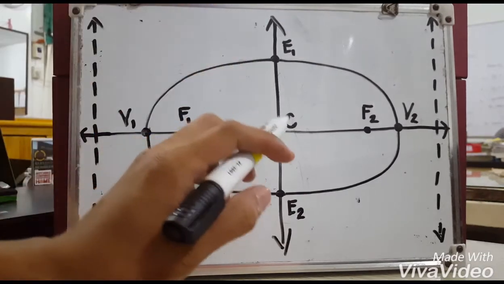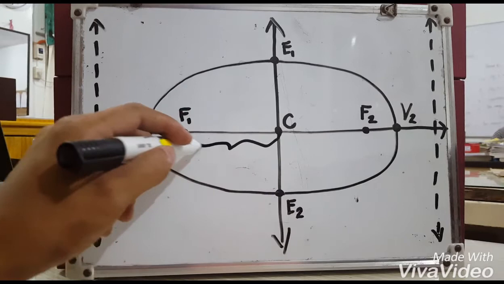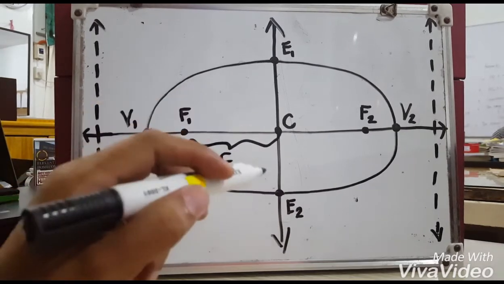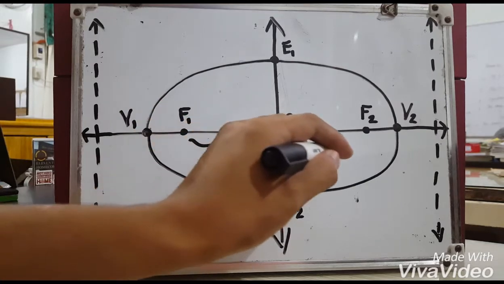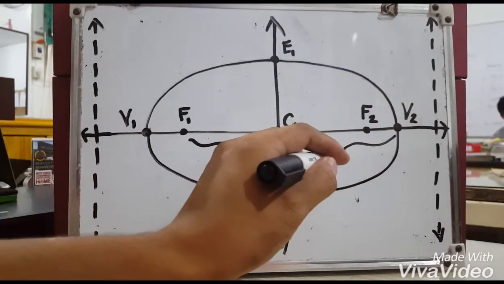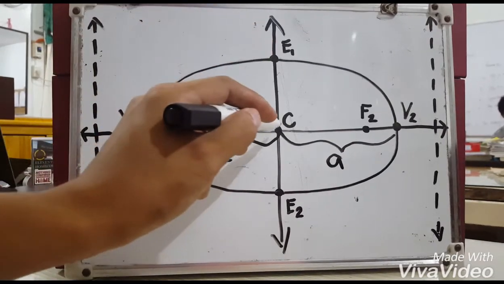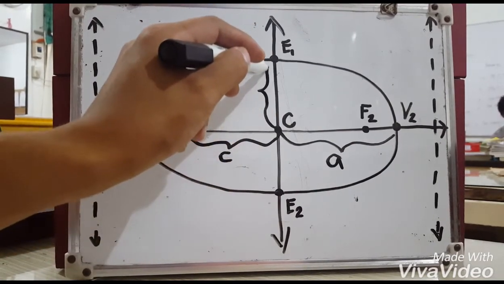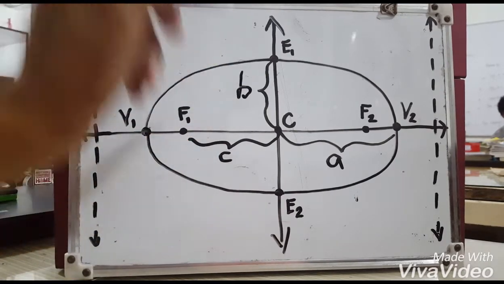Furthermore, the distance from the center to any of the foci is given by the variable c. Also, the distance from the center to any of the vertices is given by the variable a. And lastly, the distance from the center to any of the endpoints of the minor axis is given by the variable b.